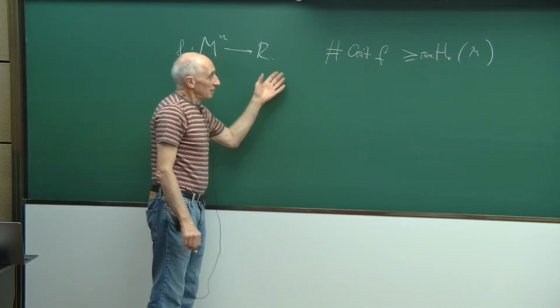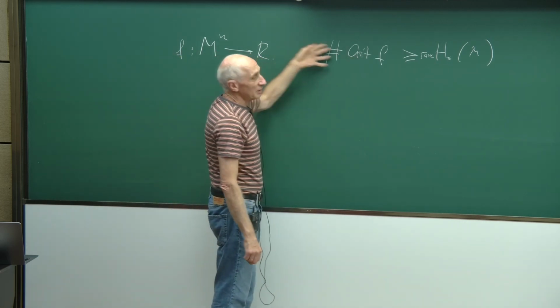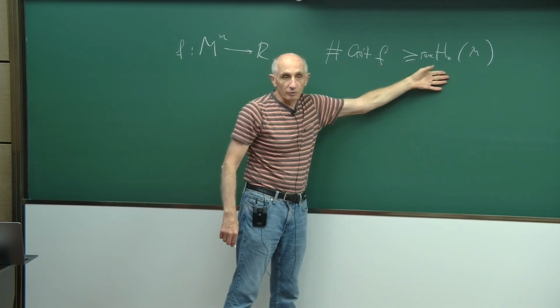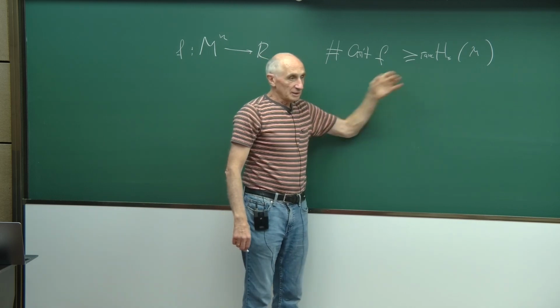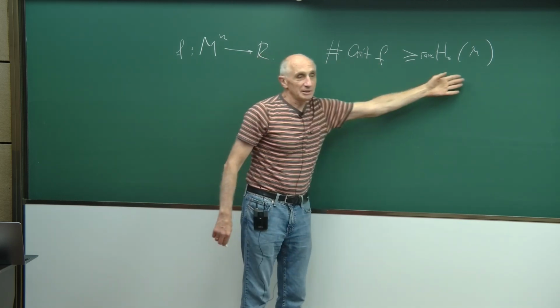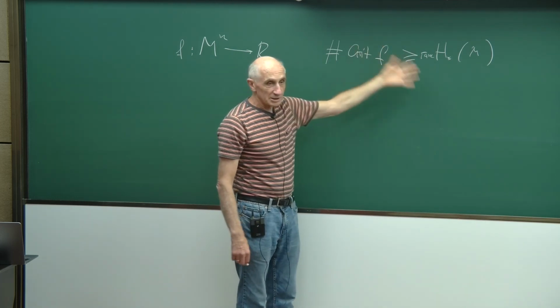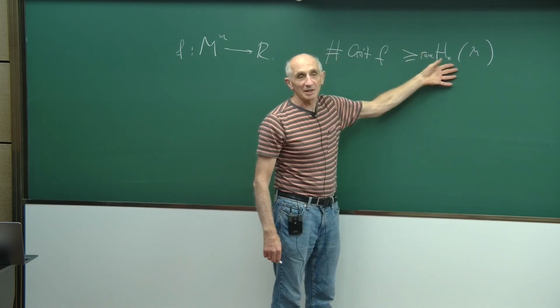But this is not only a bound for the number of critical points. If the manifold is simply connected and has high dimension, then Smale theory says that this is essentially an exact bound.